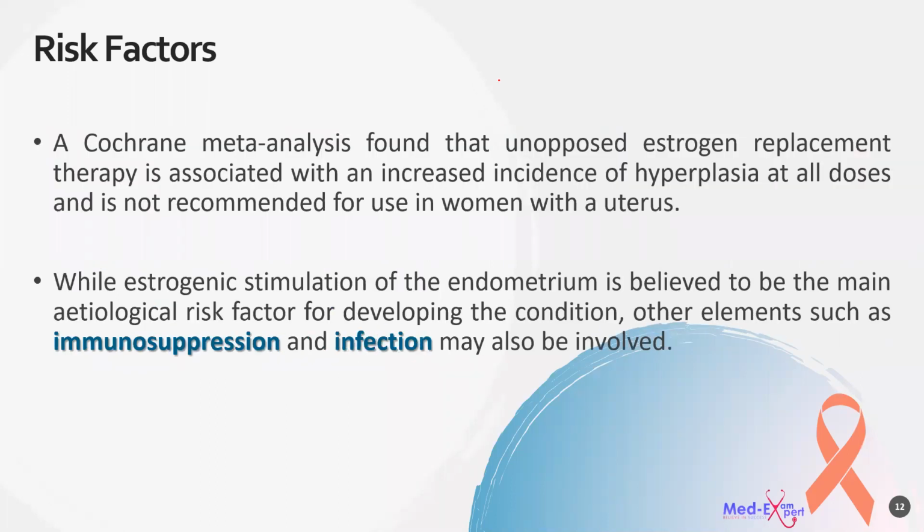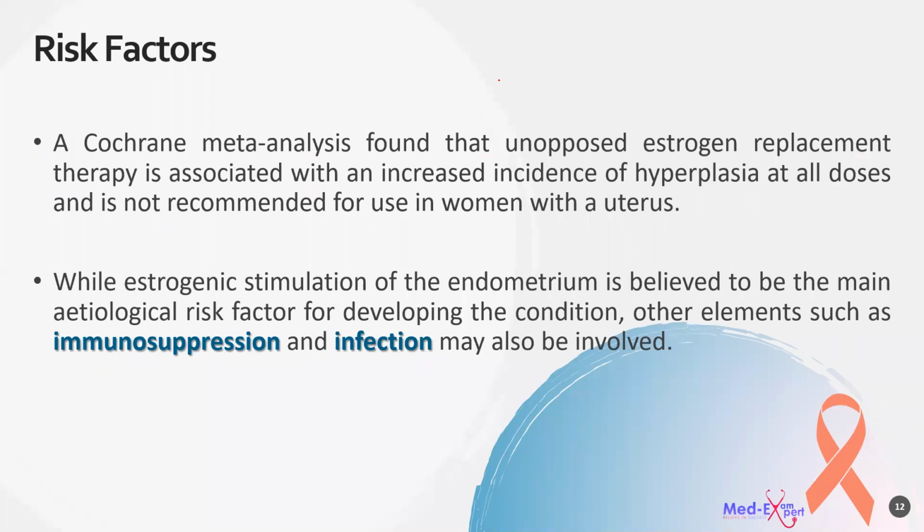A Cochrane meta-analysis found that unopposed estrogen replacement therapy is associated with an increased incidence of hyperplasia at all doses. So it's not recommended for use in women with a uterus.